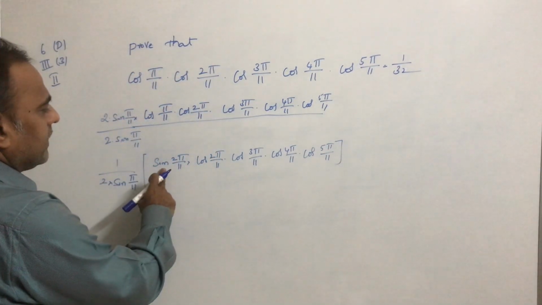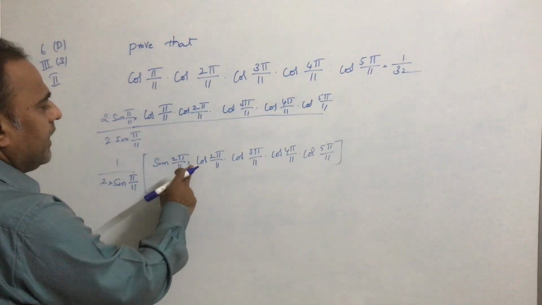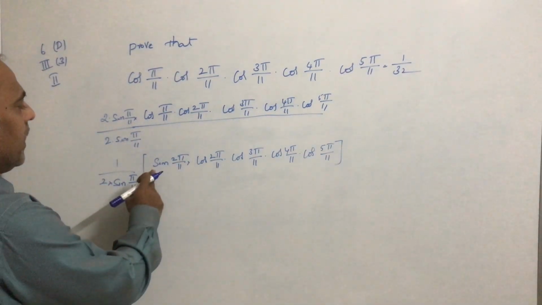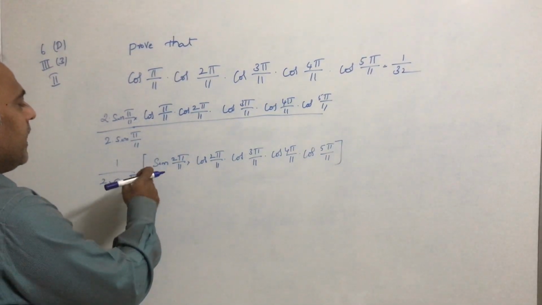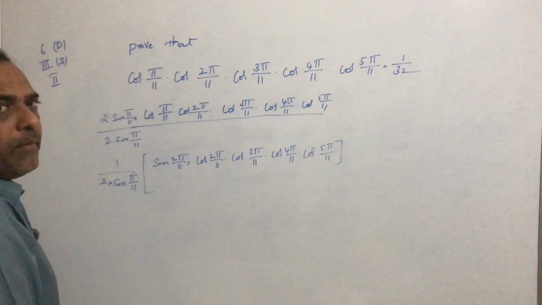See, this is sin theta into cos theta. So here 2 is missing. So multiply numerator as well as denominator with 2.